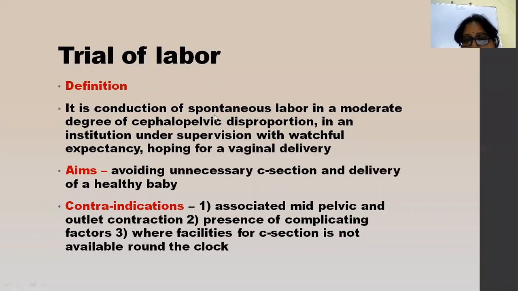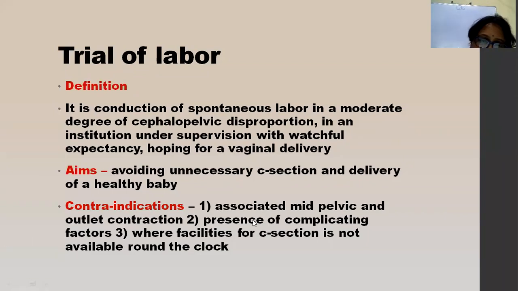So these are the terms you have to use when describing a trial labor. This is called trial labor. The aims are to avoid unnecessary cesarean and to deliver a healthy baby.